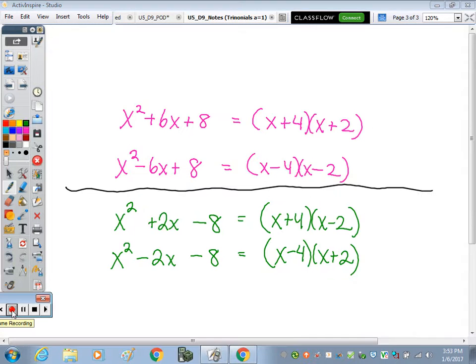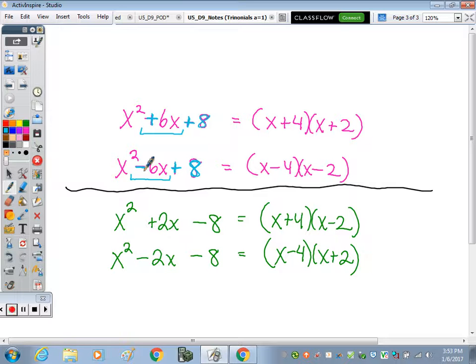Okay? So skipping ahead to a different slide, here are my 4 examples. Now at the top is where the constant is positive. Okay? It's a positive 8 in both cases. What's different in these two trinomials is that in this one, the combined number is a positive 6 and the combined number is a negative 6.